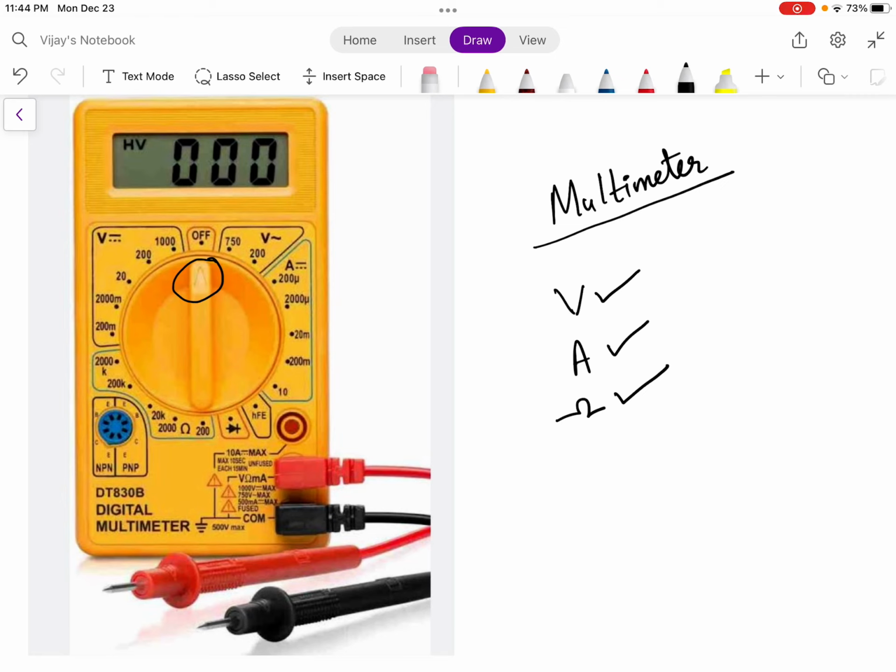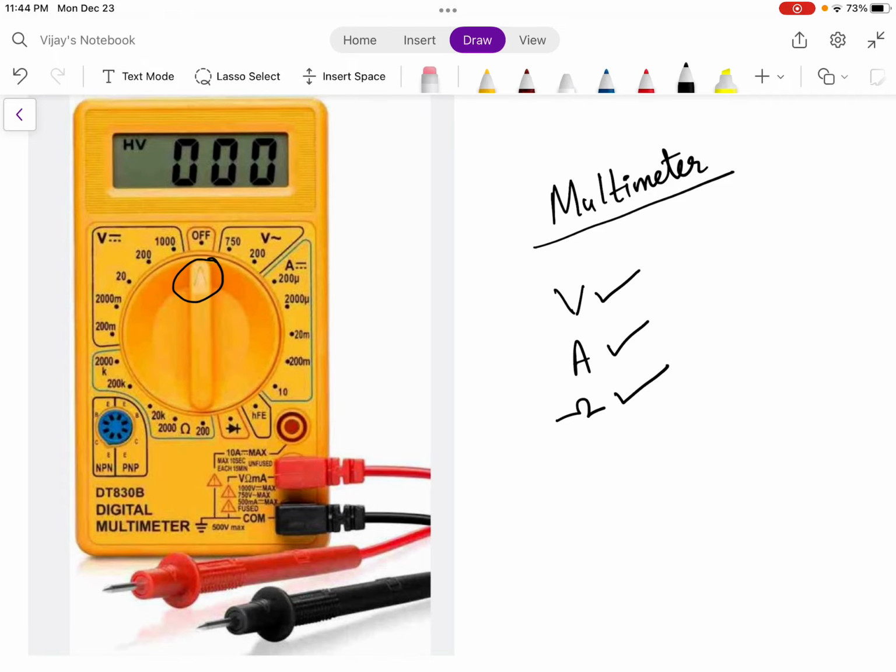So that is all about these electrical devices. In this video, we have just understood the basic purpose of the devices and how they are to be connected. But there are a lot more things that need to be studied: how the device is constructed, what is internal in the device, how the device basically works.